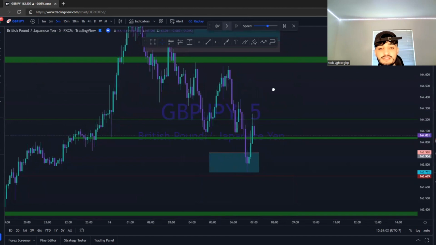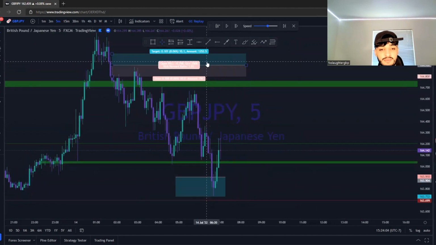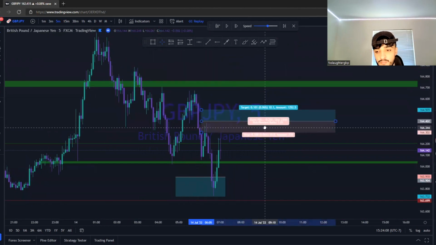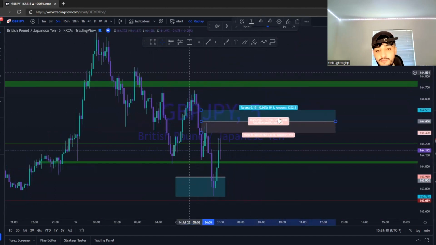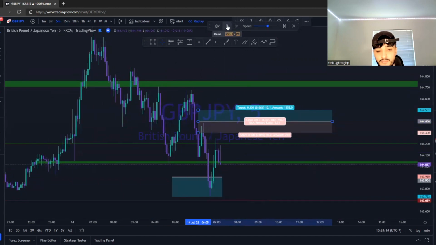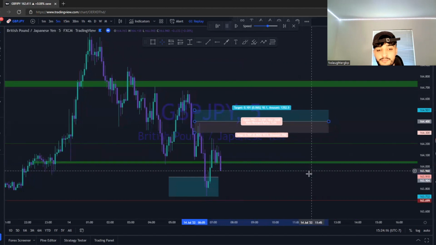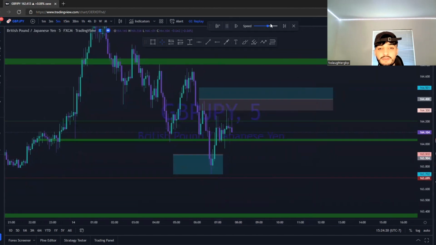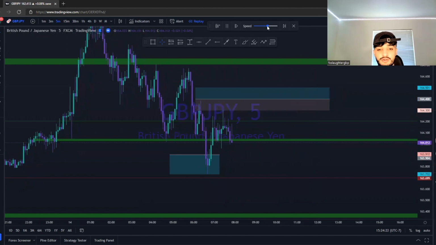And then my buys at this moment, I'll change my buys from here to here. And that's based on 5 minute, mind you guys. Let's see if we can get these triggered.